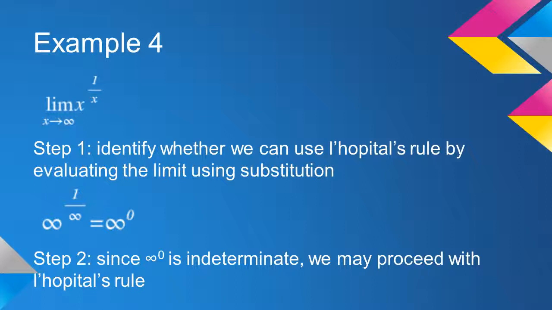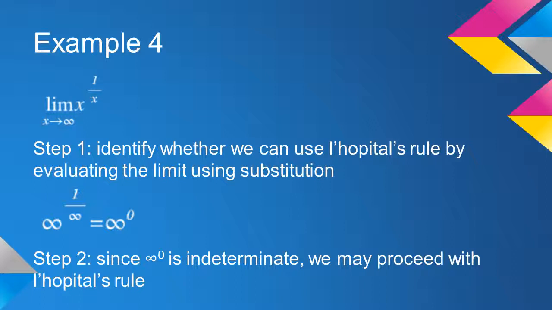Alright, our fourth example is a little bit more complicated, and you'll see why. So we have the limit as x approaches infinity of x to the power of 1 over x. Our first step, again, just as we did in the previous three examples, a very important step, is to identify if we can use L'Hopital's rule.